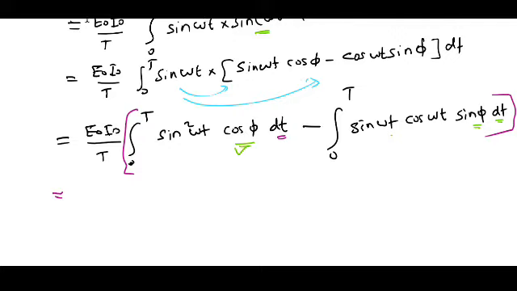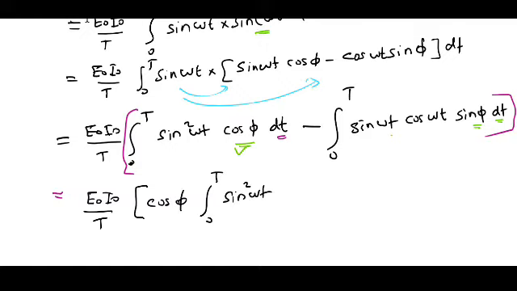Then I will obtain E0 I0 by T into, in the first term, cos phi outside, the integral from 0 to T of sine square omega t dt, minus sine phi outside, the integral from 0 to T of sine omega t cos omega t dt.